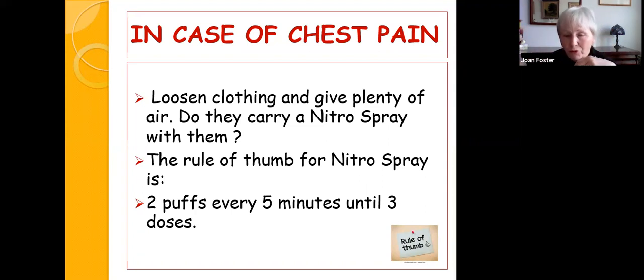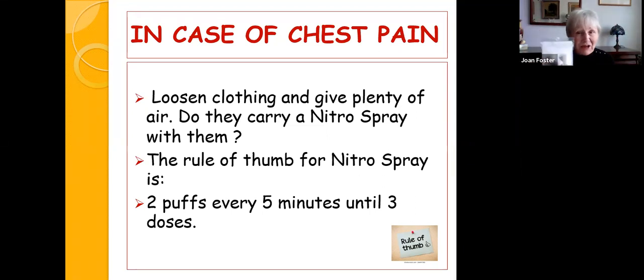You don't go for a 4th time, because it means that just the simple nitro spray is not what's going to be needed to get rid of this chest pain. So it's really important that you don't just keep on with the nitro spray hoping that it's going to work. But as I say, chest pain can be caused by many, many things.